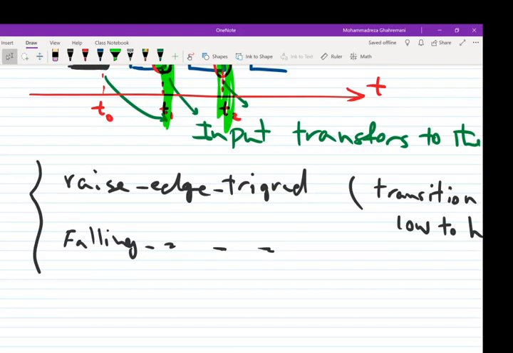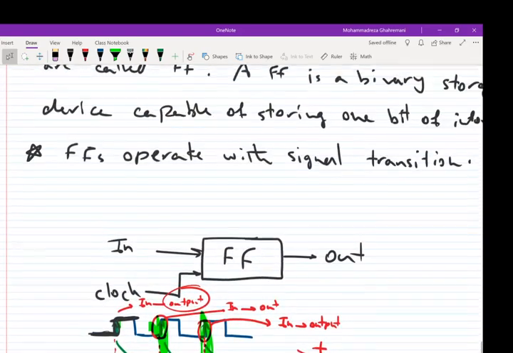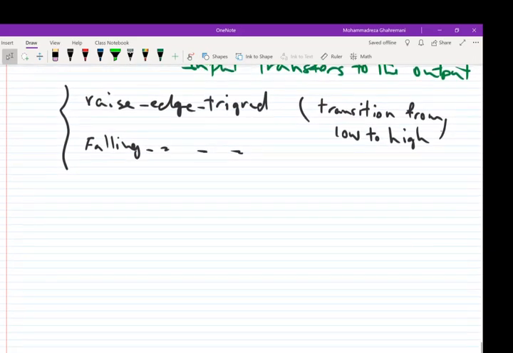Okay, so this is the definition of a flip-flop. The next memory element which we want to learn is called the latch. A latch is also a storage element like a flip-flop. It stores 1 bit. But the difference between a latch and a flip-flop is that the flip-flop is signal transition sensitive, but the latch is level sensitive.